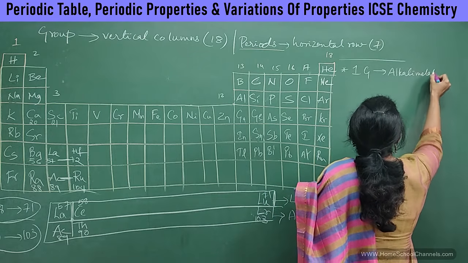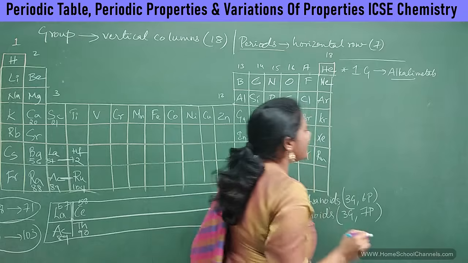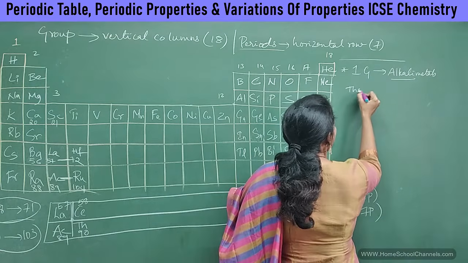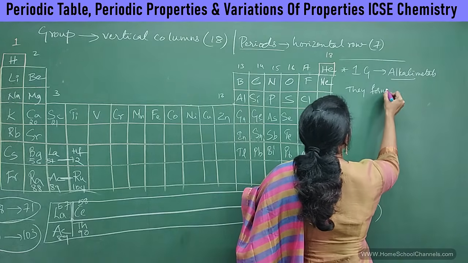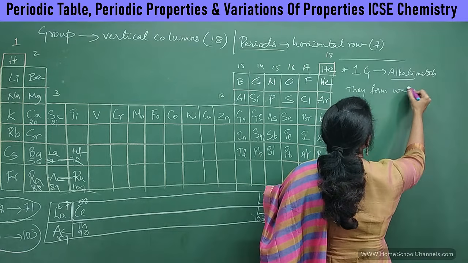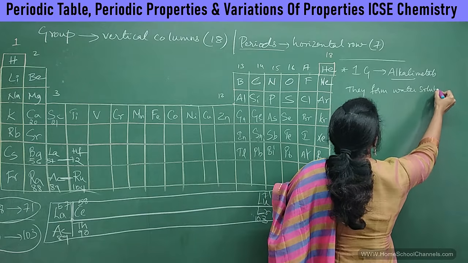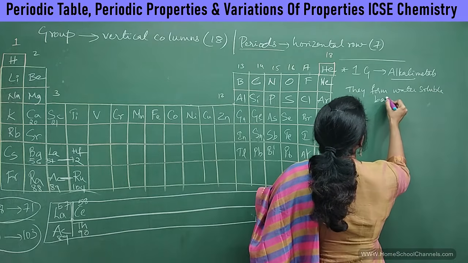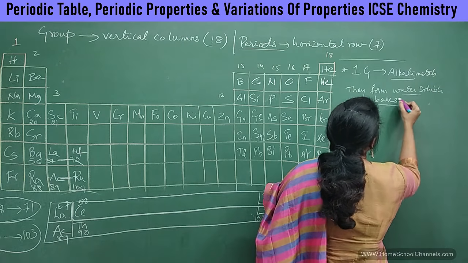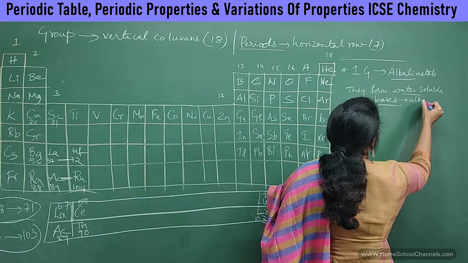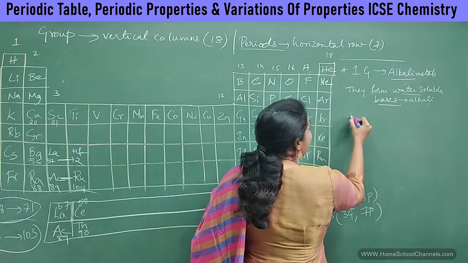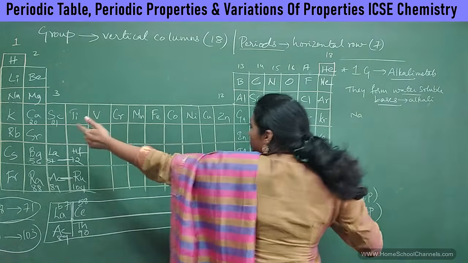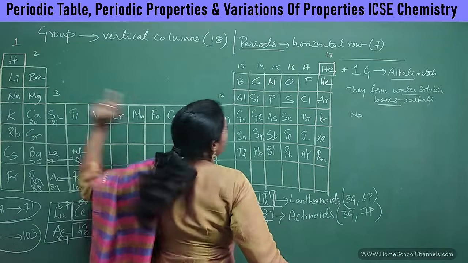Okay, say why do we call them as alkali metals? Because they form water soluble bases. So usually water soluble base is called with the name alkali. Okay, for example, sodium, right? First group element, I took sodium as an example.